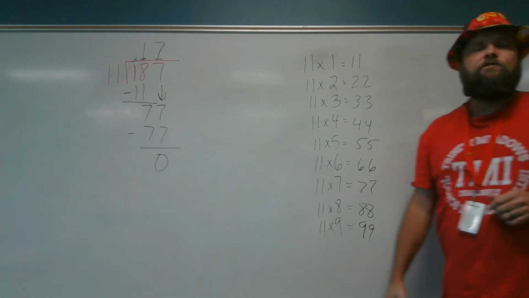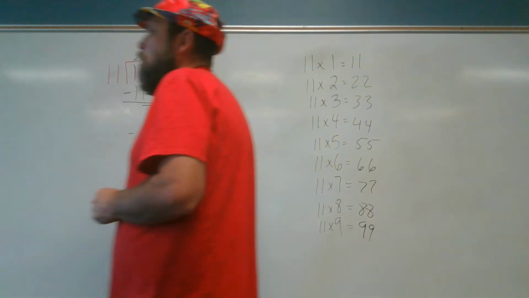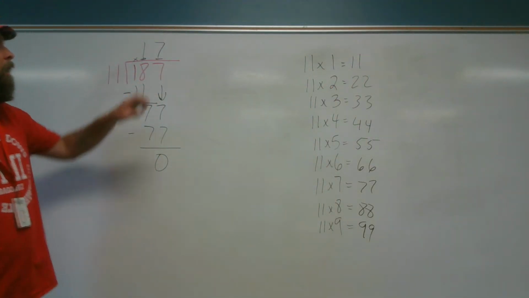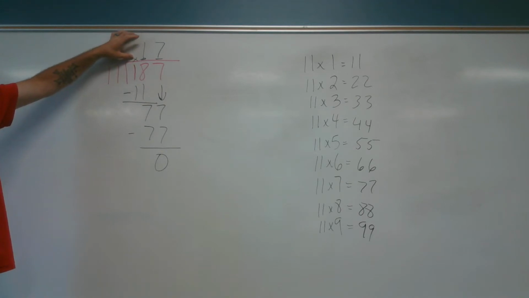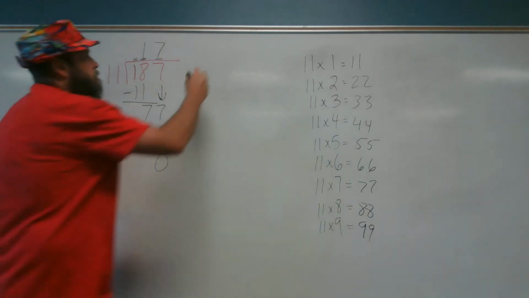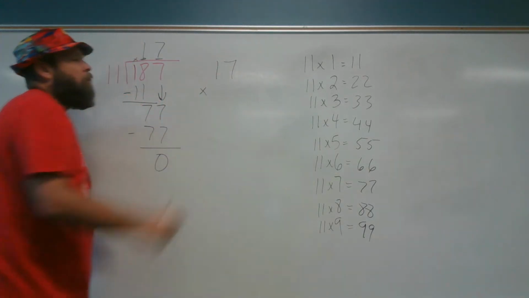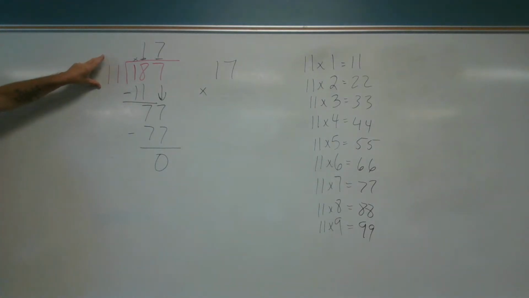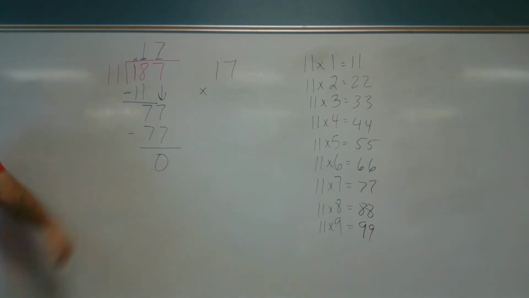If I want to check my work, all I have to do is take my quotient, which is 17, multiply it by my divisor, which is 11.